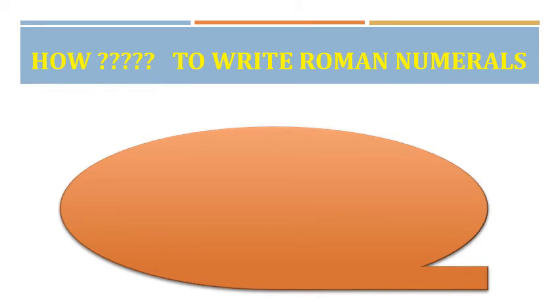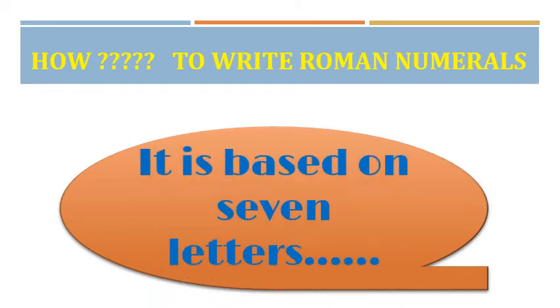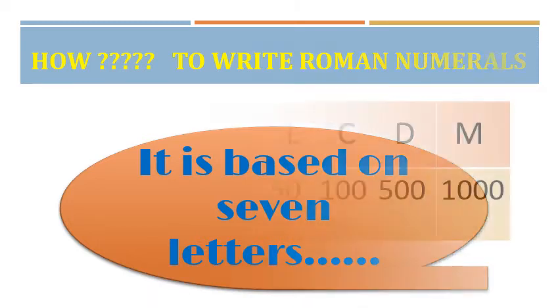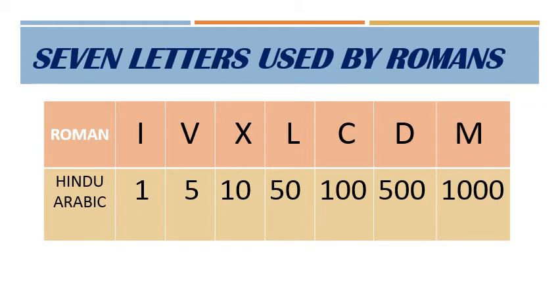Now, how to write Roman numerals? It is based on 7 letters. The 7 letters used by Romans are in front of you, my dear children. These 7 letters have some specific meaning.